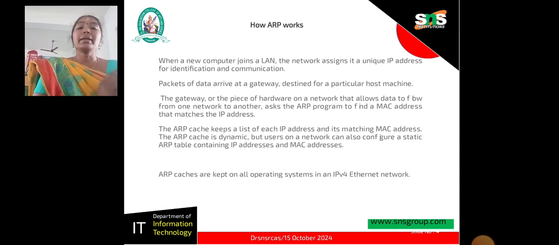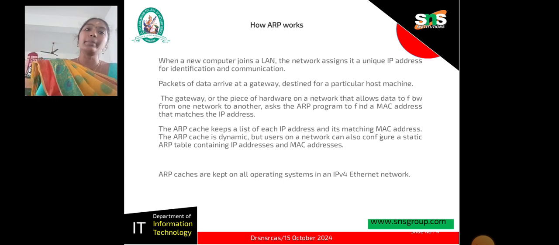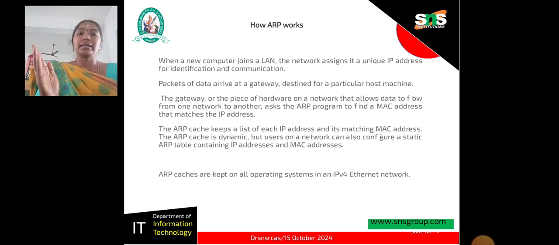ARP caches and keeps a list of each IP address and its matching MAC address. Its main work is to find the IP address of the host, keep that list, and match it to the MAC address.